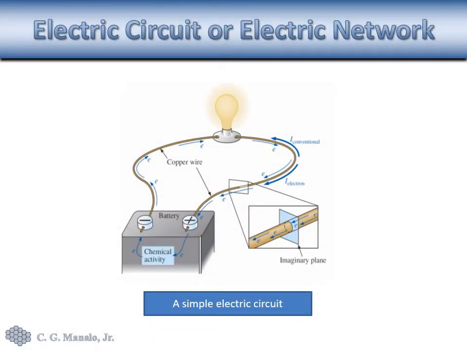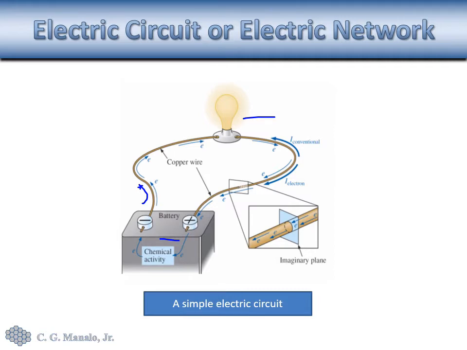Here is a very simple circuit. So we have here a lamp connected to a source, so it's a battery. And as you can see, current is flowing towards the lamp and back to the battery. Shown here also is the flow of electrons because current is really the flow of particles. We will discuss that in more detail when we go to the next slide.